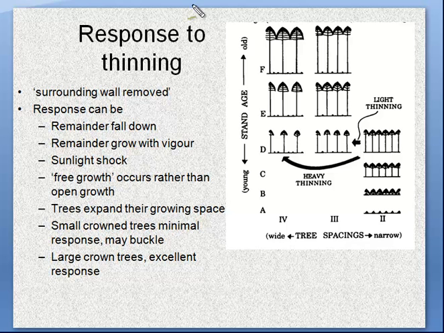Okay, so if you have a stand and it's this spacing here, as you can see, and it grows, crown closure occurs, and then the trees are very close. You could allow it to keep on growing, and it would be tall, skinny trees like it was shown in the very first diagram, or let's say stem exclusion occurs at this point in the forest, then the trees die off, the ones in between, and they would grow here into this type of stand, and you can see that it would be a thinner tree with a higher crown.